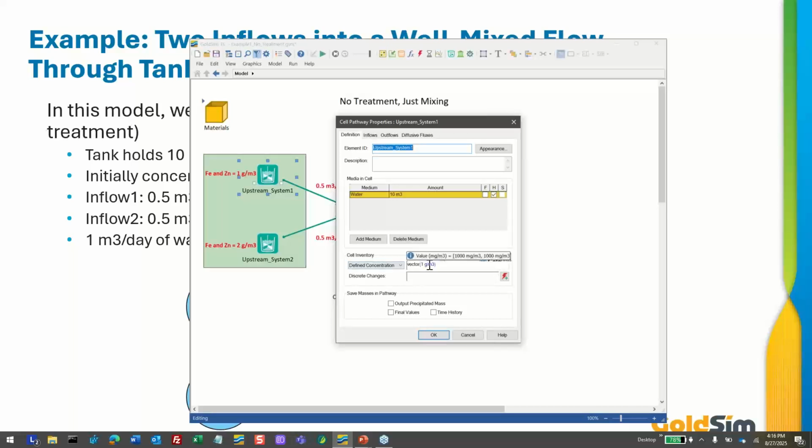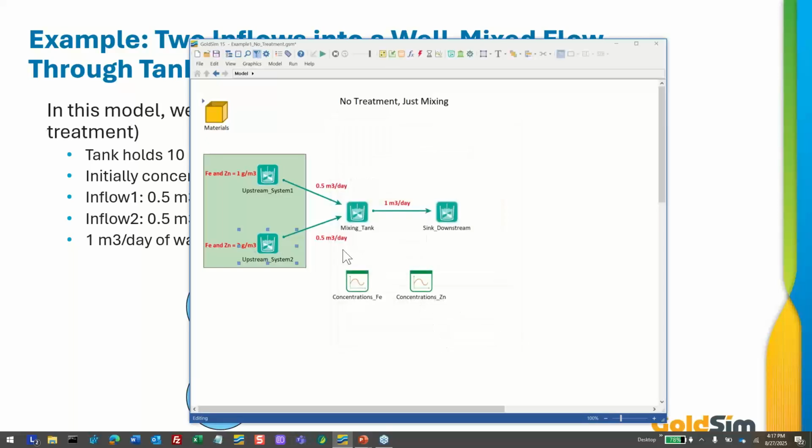It's got a concentration of 1 gram per cubic meter of each species in it, and it's fixed. It's not changing, even though we're flowing water out. This one has a fixed concentration of 2. There's nothing fancy happening here. Again, in a real system, you'd have an entire system of pathways upstream leading to our mixing tank.